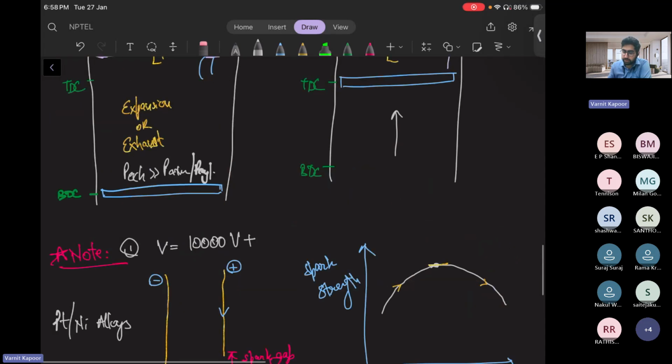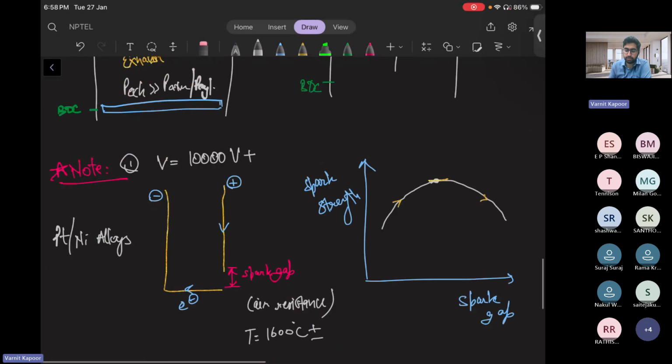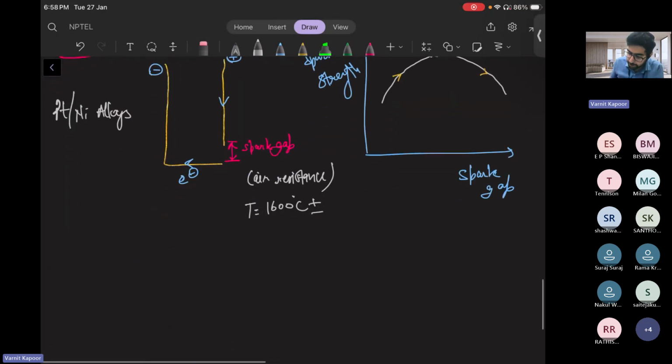So I'll write about the expansion stroke. Most students have doubts about the expansion stroke, so I'll write it as a note, second point.